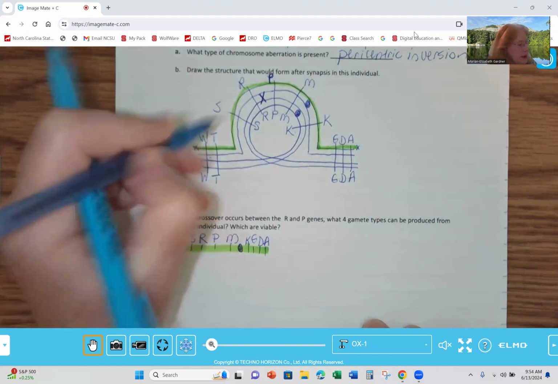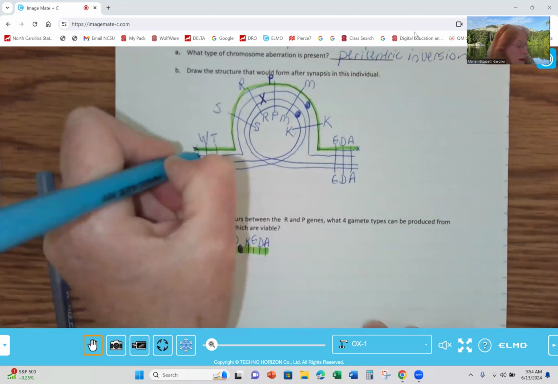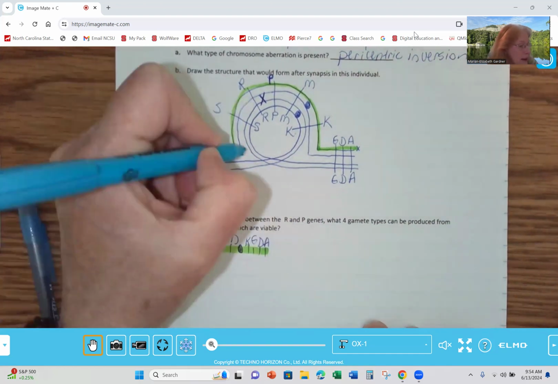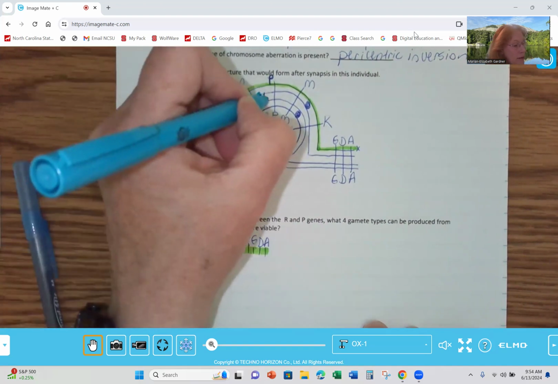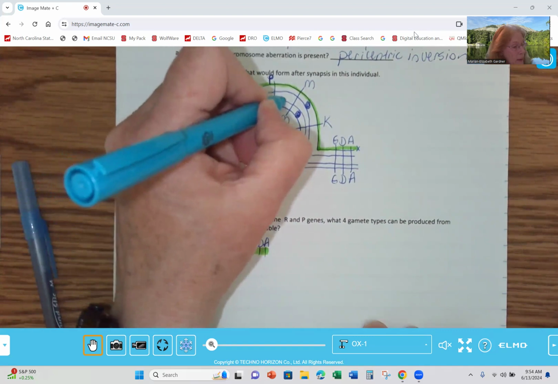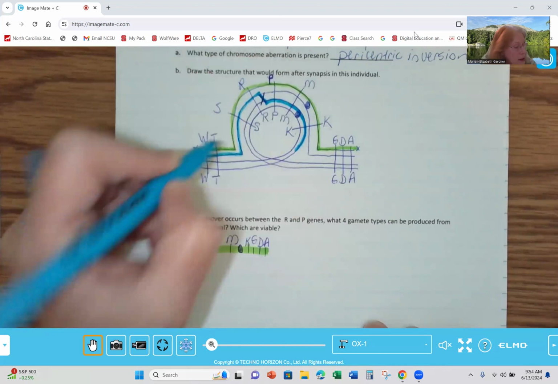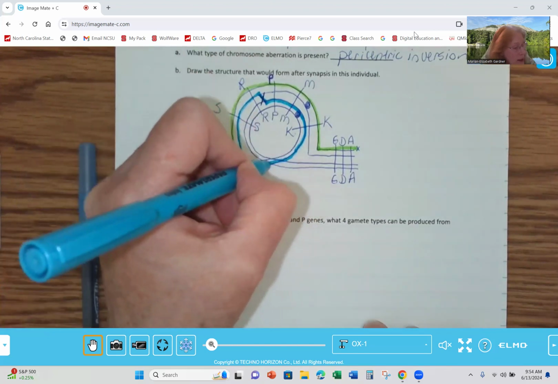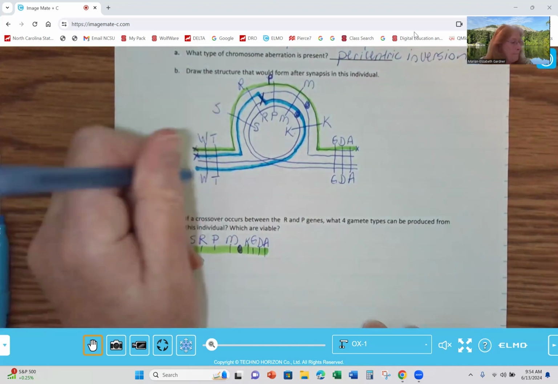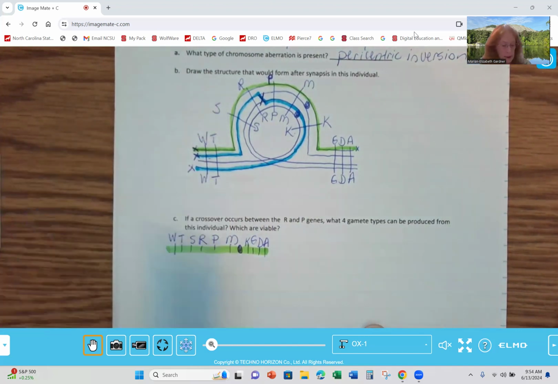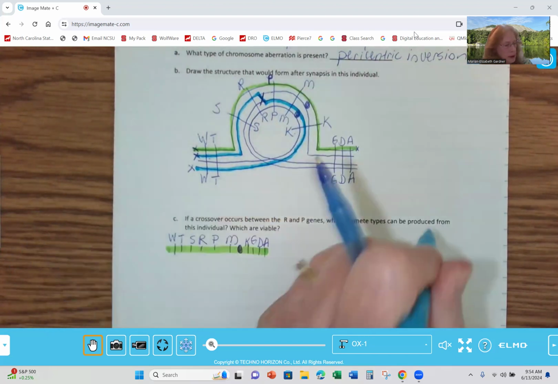And I'm going to start with the second one right here. WT SR. Now this is a crossover, cross down, PM, centromere K. And look, it's winding us all the way back down here. TW. So, let's see.